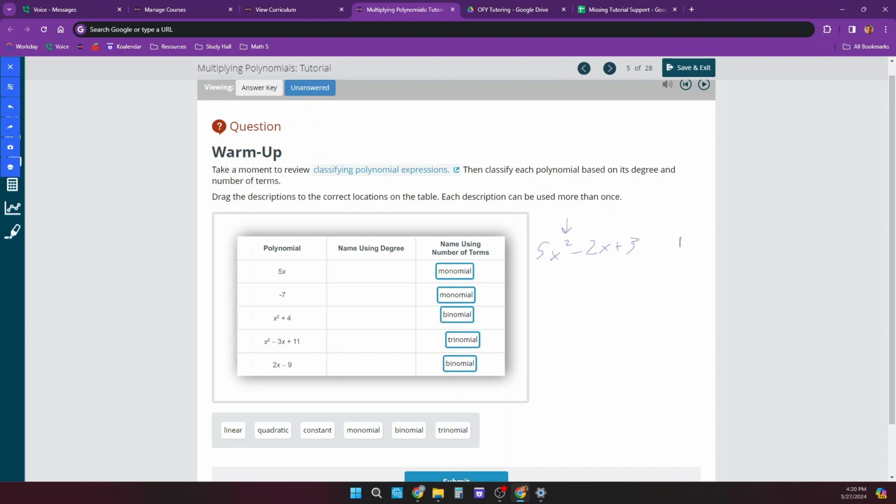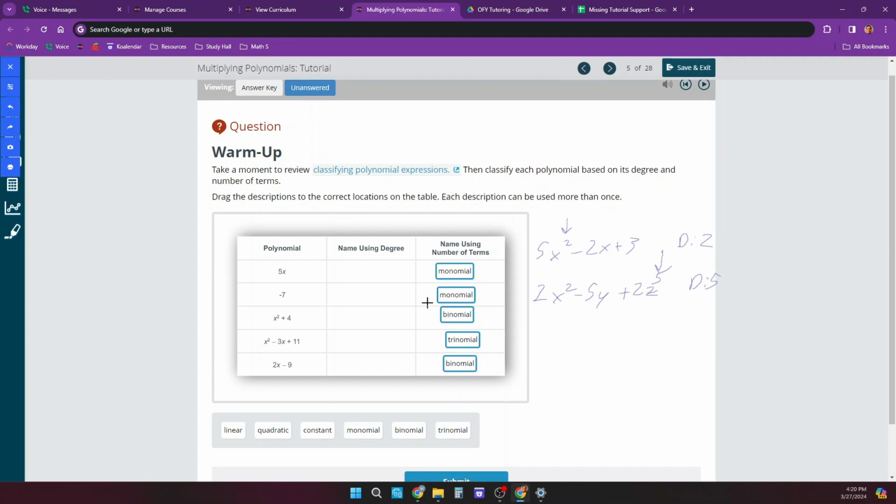So this is of degree 2. If we had, say, 2x squared minus 5y plus 2z to the fifth, our degree would then be 5, because 5 is our largest power within the polynomial. That's the definition of degree.